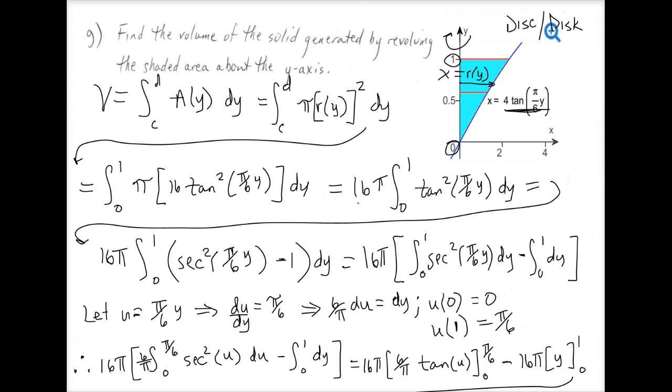And so by changing the axis of rotation will also change whether we're going to use the disk method or the washer method, as well as if we have the washer method, how we're going to define the inner radius and the outer radius. So if you're interested in those examples, check out my next video.